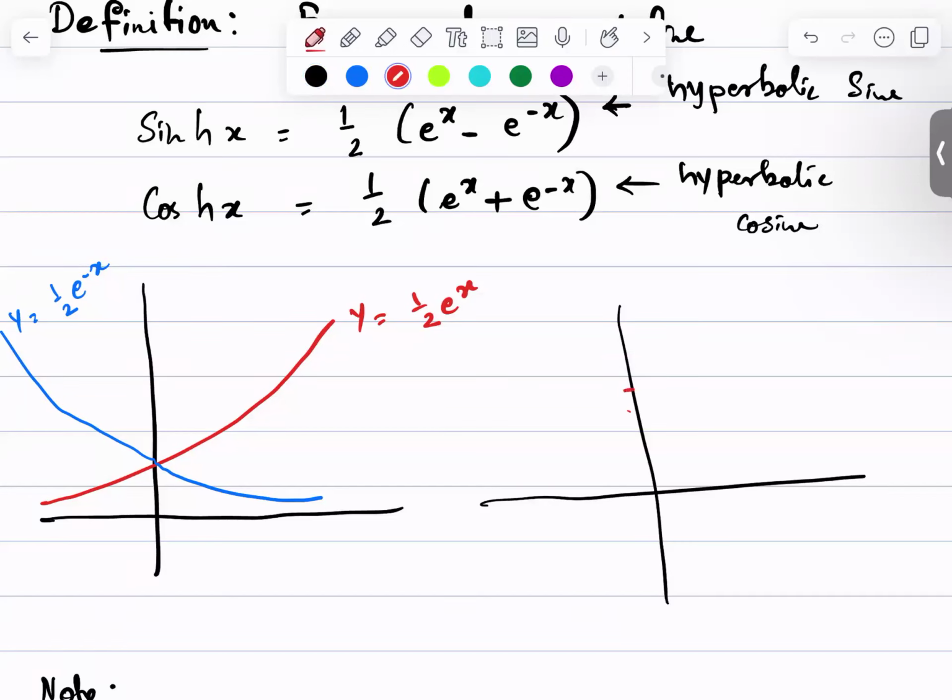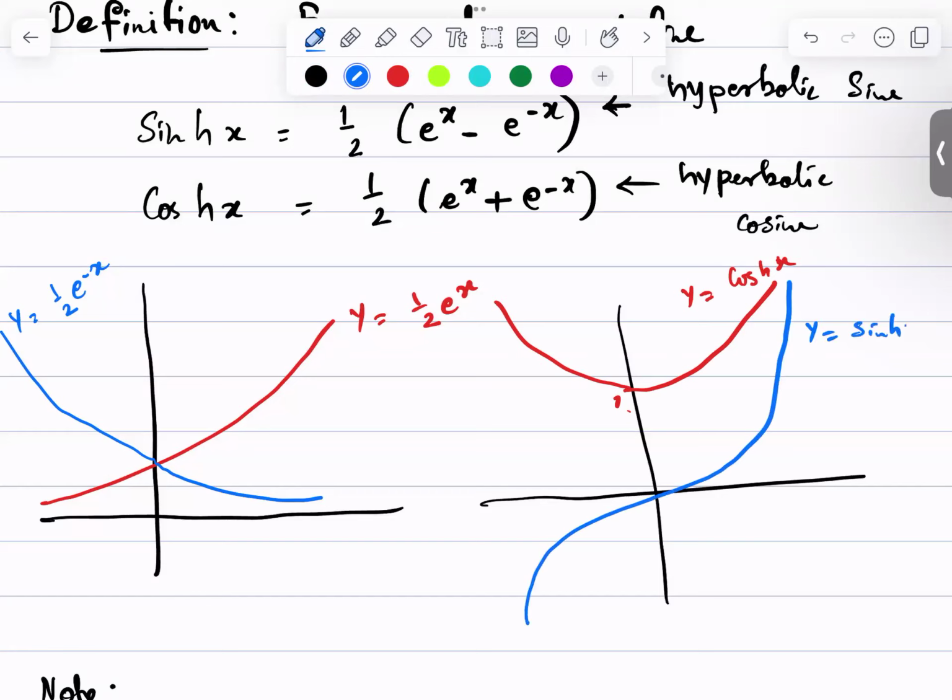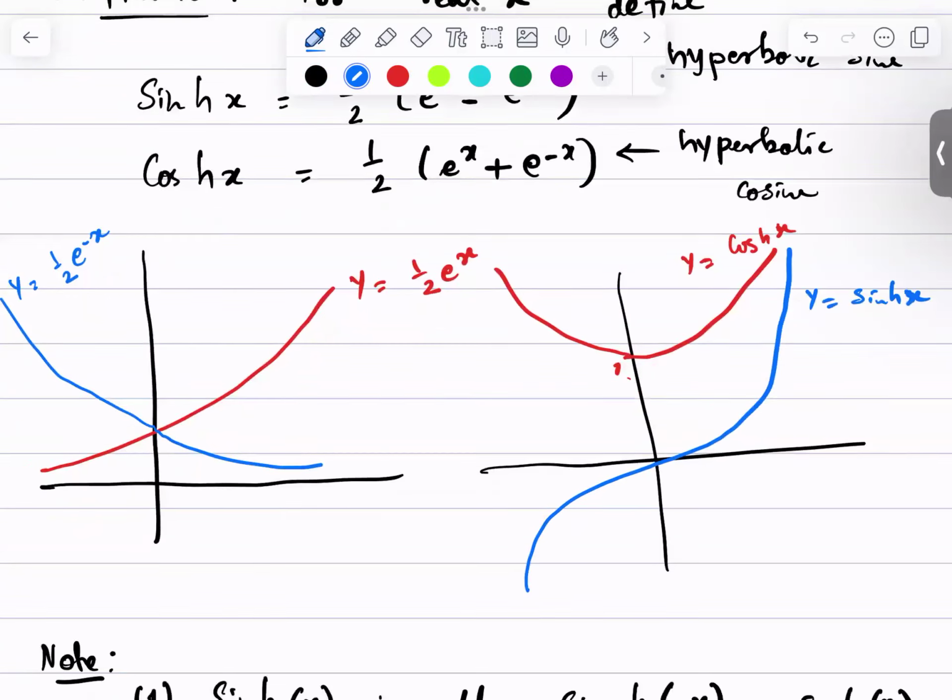So hyperbolic cosine will look like this, and hyperbolic sine will look like this. This is y equal to sine hyperbolic x.